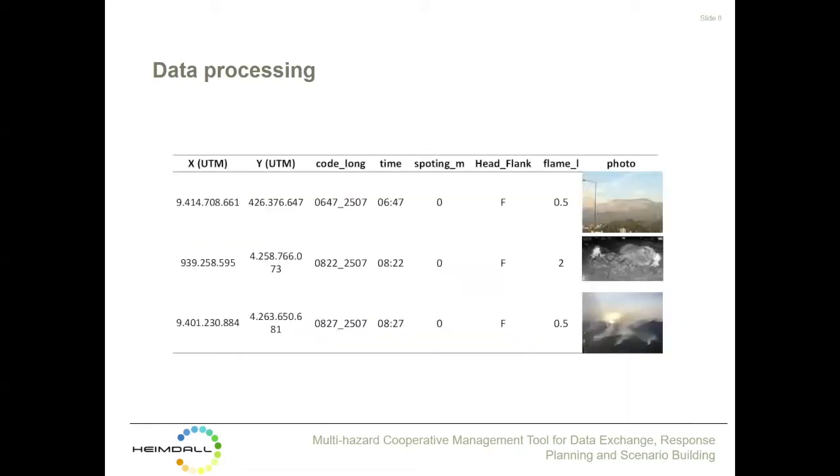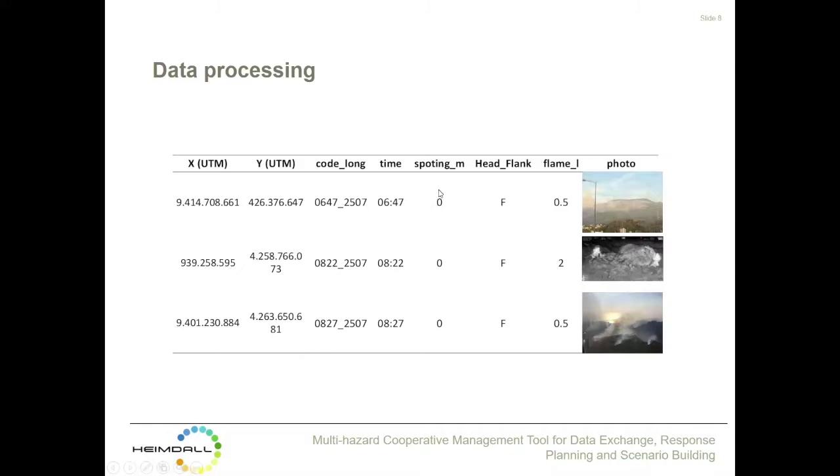As an example of what kind of information can be extracted from photos, here is an example of the photos collected as field observations during the forest fire in Corsica. The photos are sorted by time and located in space by coordinates. Each photo has associated information about fire behavior.